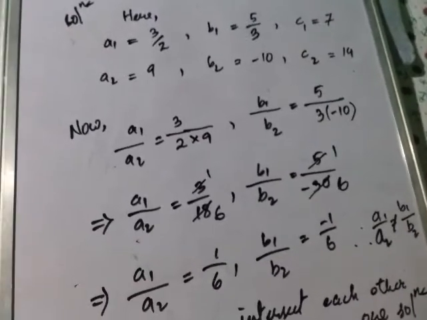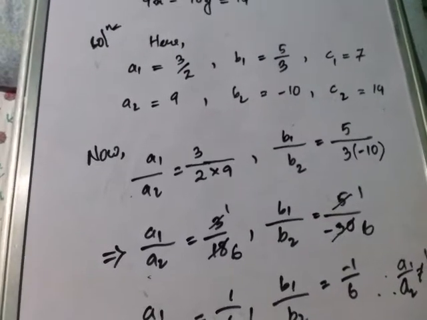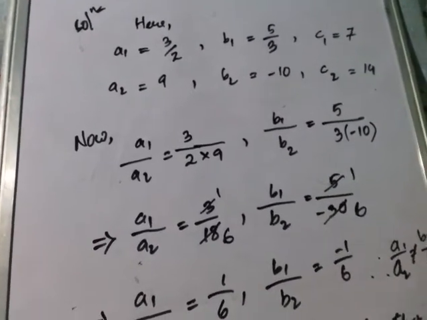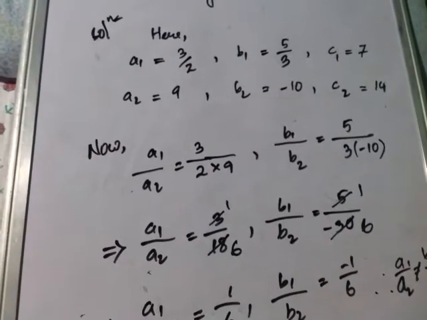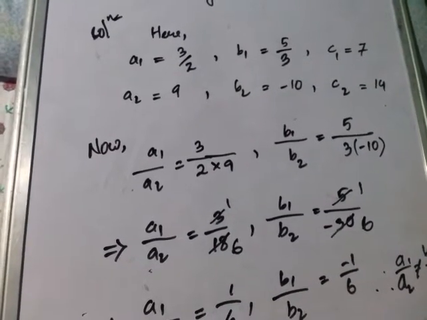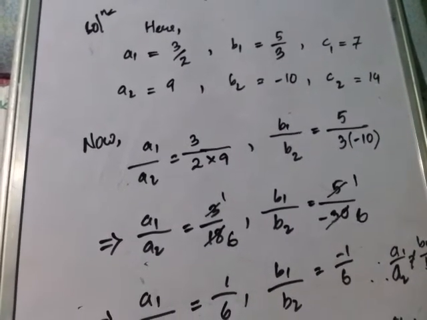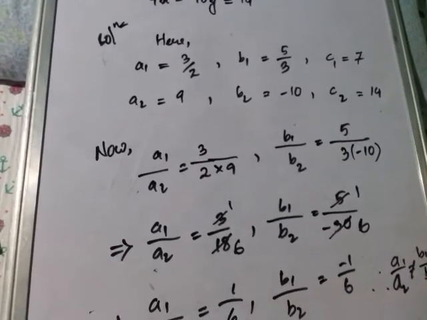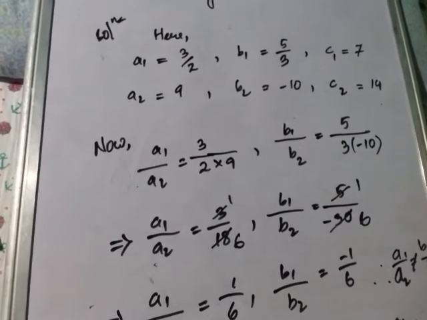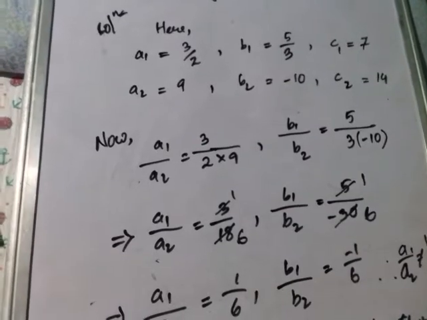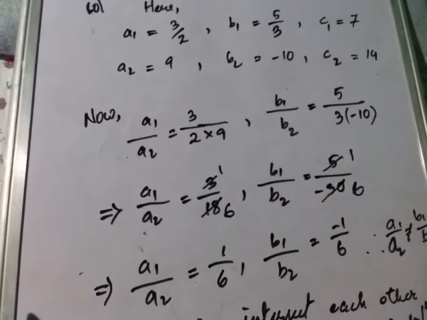So in Roman number 5 you see a1 will be 4 by 3, a2 will be 2, b1 will be 2, b2 will be 3, c1 will be 8, and c2 will be 12. Likewise you will cancel that and you will get all the same.